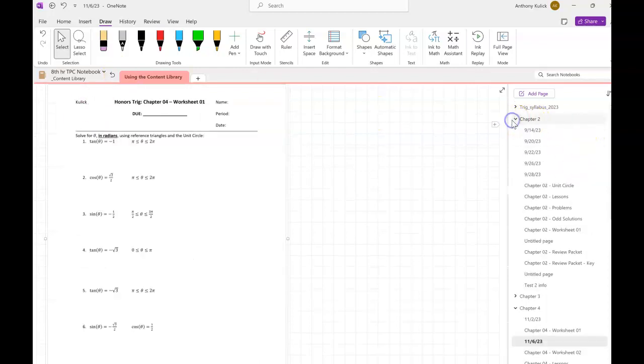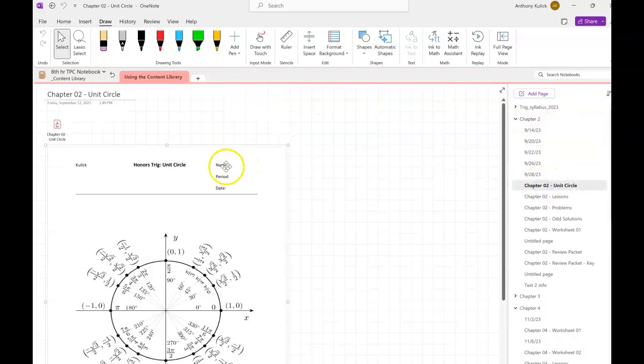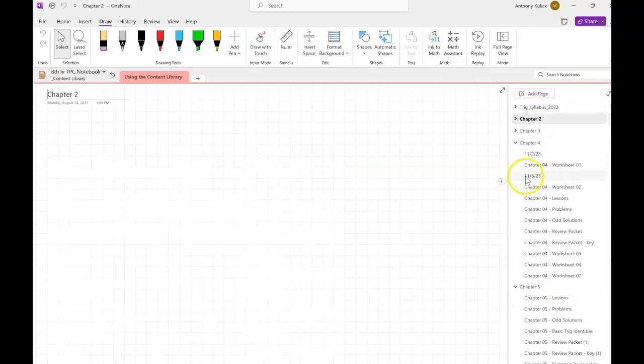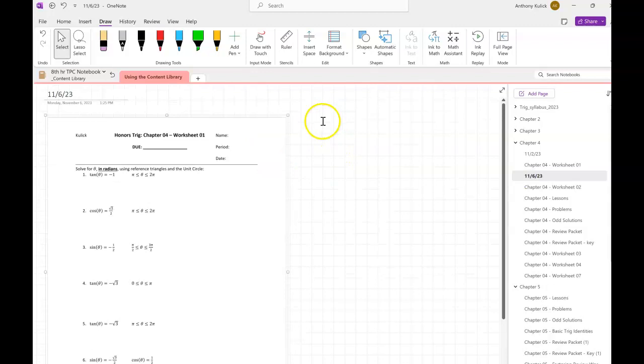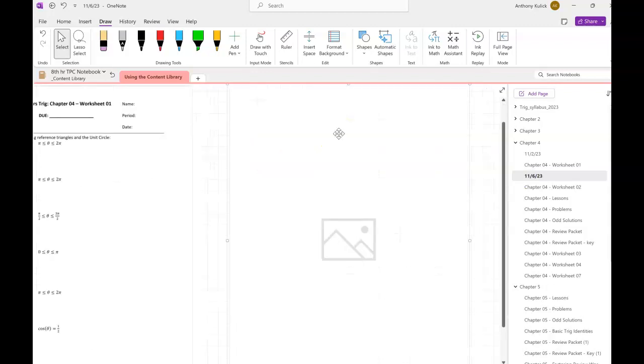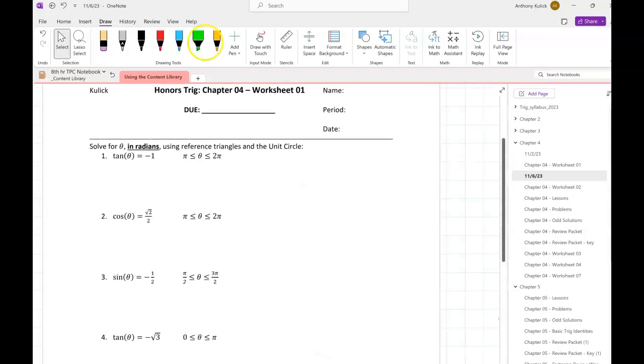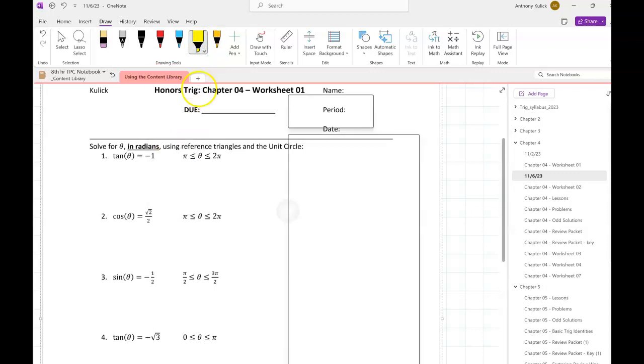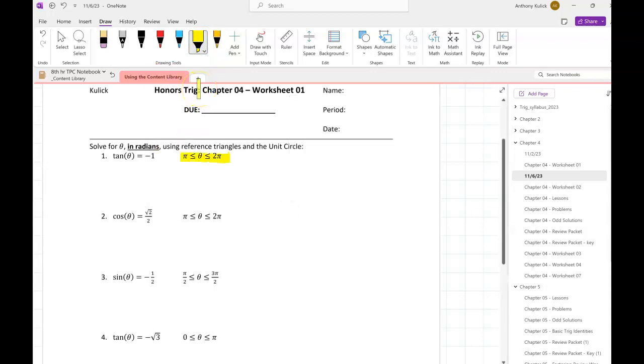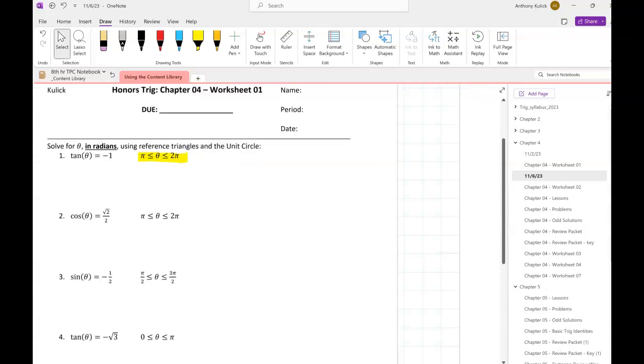Let me do that. We're going to need a unit circle to reference. Let me grab one of those. All right. So the first thing that we want to do is look at the interval that we're solving over and figure out where on the unit circle I should be looking.